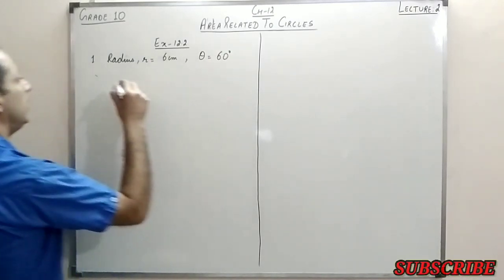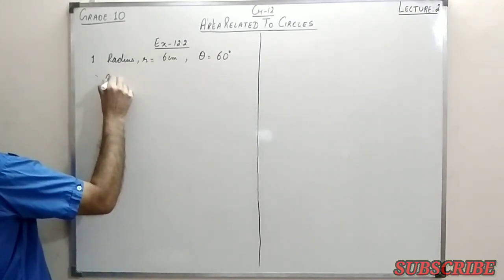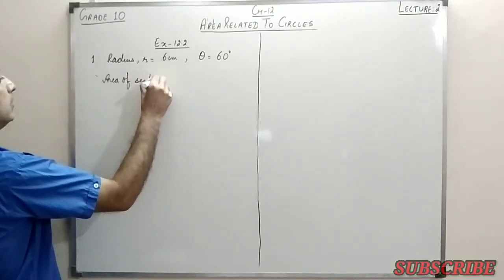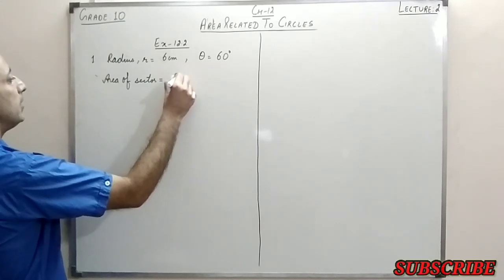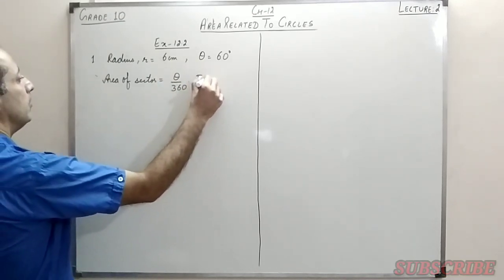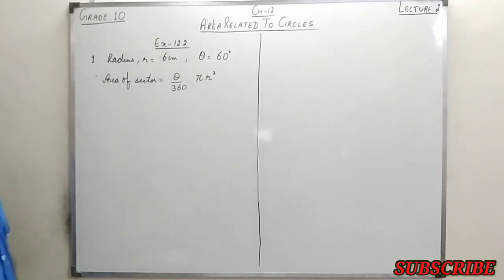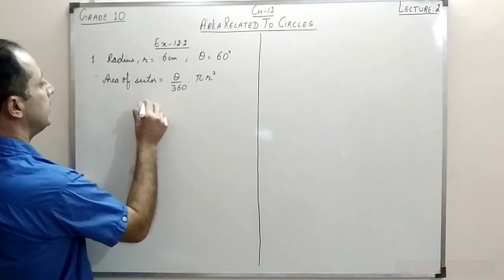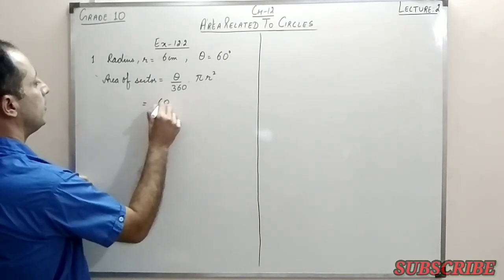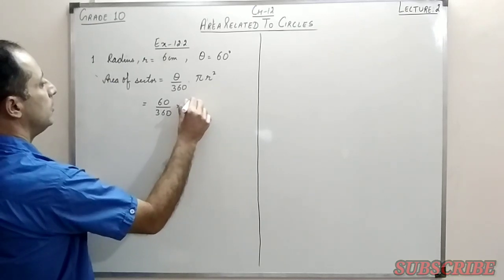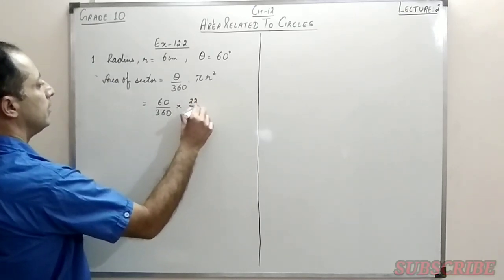We have to find the area of sector, so we apply that formula. Area of sector equals theta upon 360 into pi r square, right? The value of theta is 60 degrees, so this is 60 upon 360 into 22 by 7.